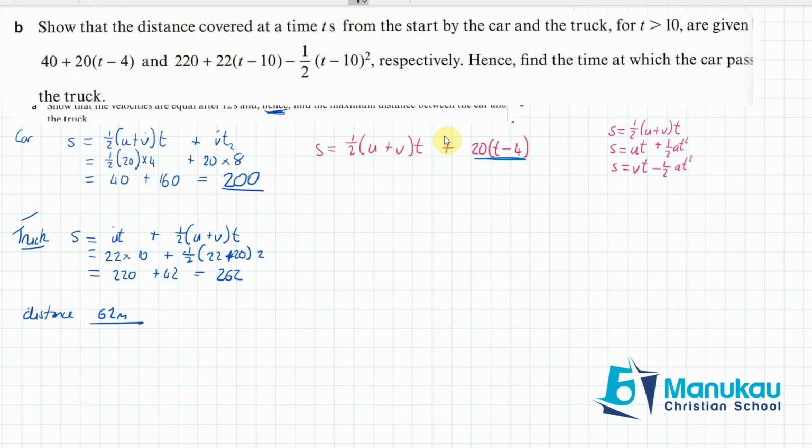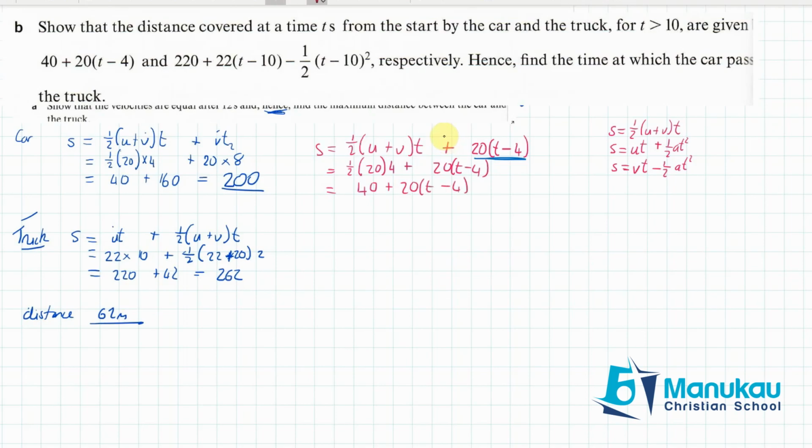So that's why we've got to have the minus 4. Now we can actually simplify this. We can say half, and u is 0, v is 20, and the time is 4 seconds, okay? I'm going to leave this like this because that seems to be how they have it. And when we simplify that down, we get 40 plus 20 bracket t minus 4.